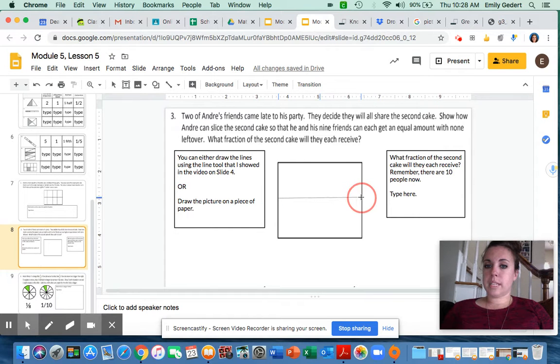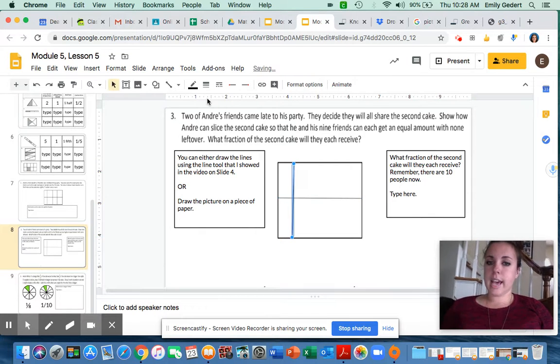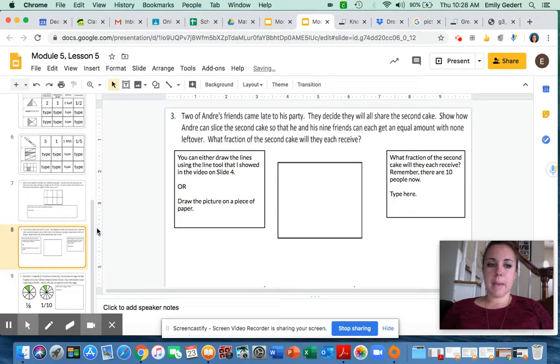So I might do 1 horizontal line across. And then I'm going to click it again. And then I might do 4 lines going down, which should give me 5 parts. Okay, so try that if you want, or just draw it on a piece of paper, no big deal. And if you make a mistake, that back arrow does wonders.